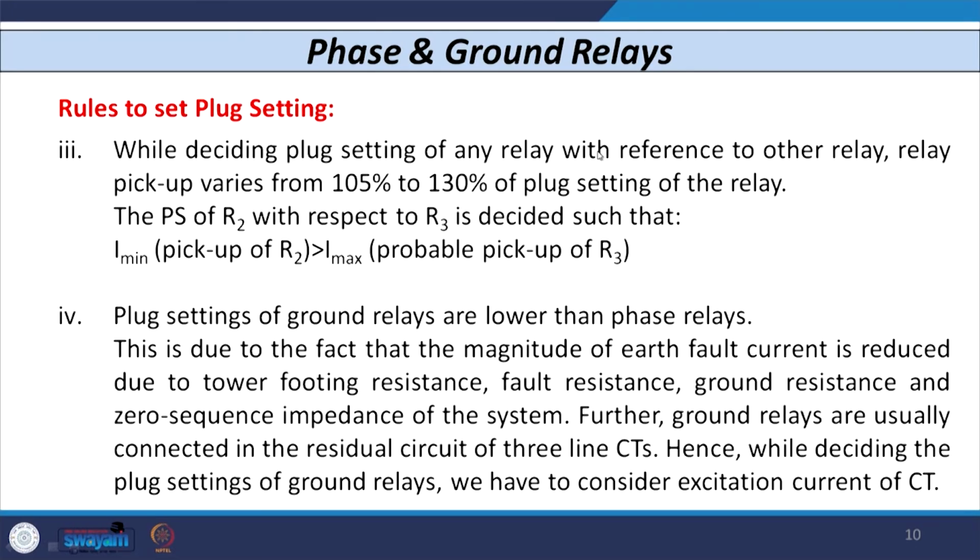So, you have to decide this setting such that the minimum value of pickup current of R2 is always greater than the maximum probable pickup current of relay R3, so that there should not be any mal operation of relay R2 for any fault that occurs in line section 3. Because if any fault occurs in this section, then R3 has to operate, R2 does not operate.